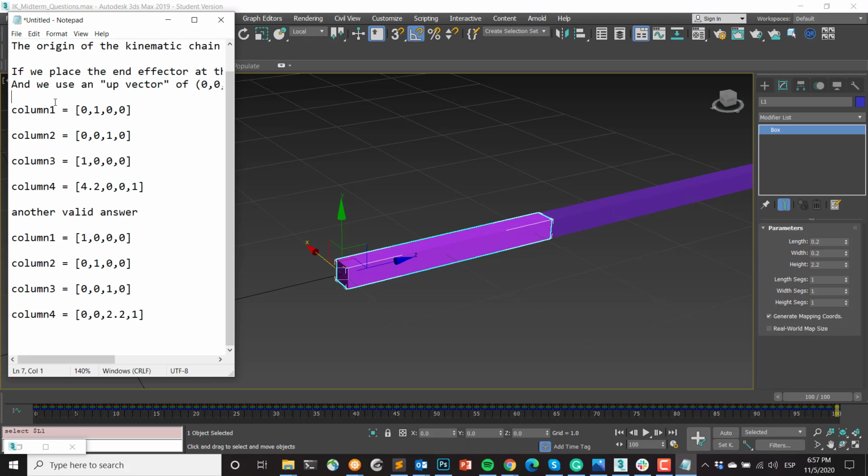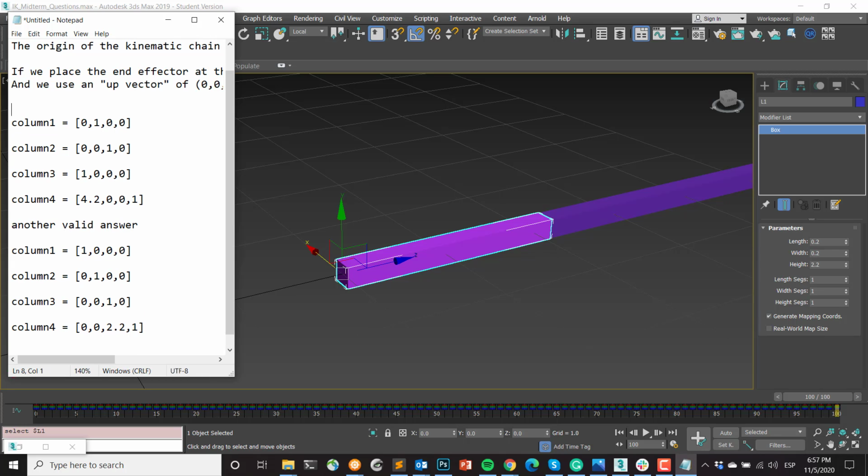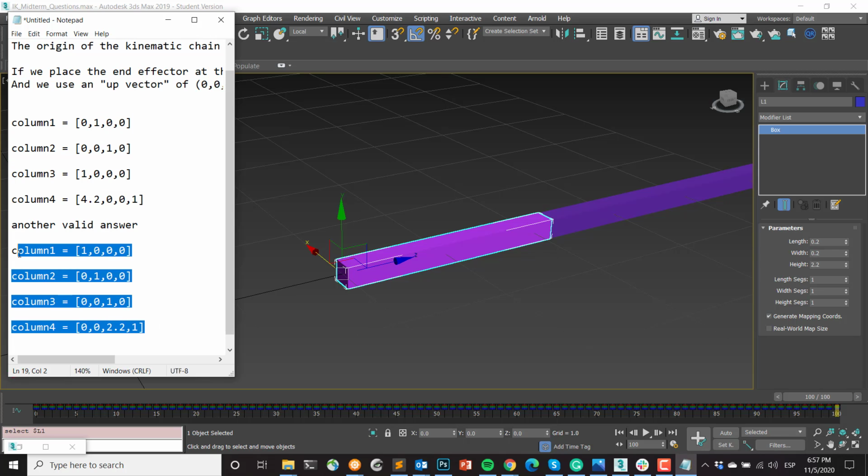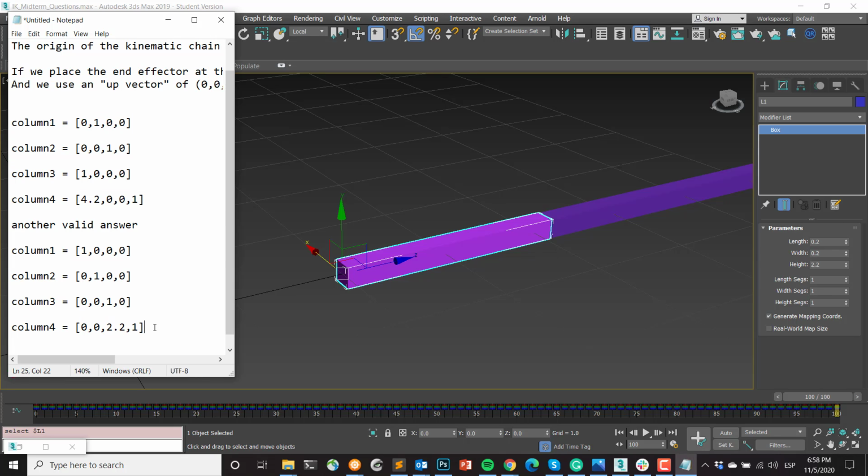So basically we had several possible solutions. This is one possible solution and it's perfectly fine. This is another possible solution. And again, if we saw that your third column, which is basically the vertical one, was pointing in the right direction, and let's imagine that someone had a -1 here, we were still giving points for that solution, because at the end it's just a flipping and it's not a big deal.